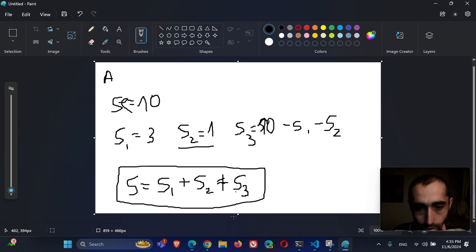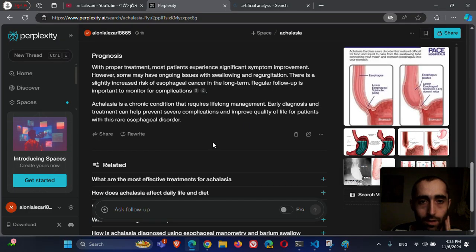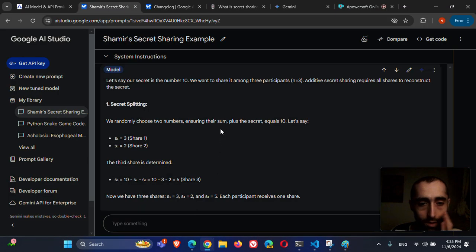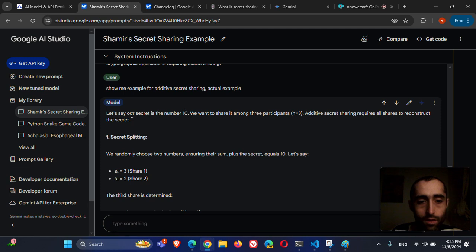So yes, this is how additive secret sharing works, and let's see the example they gave me. Here we have a secret number 10. We will share the secret. We create shares with 3 participants, and again, we need all the shares to reconstruct the secret.